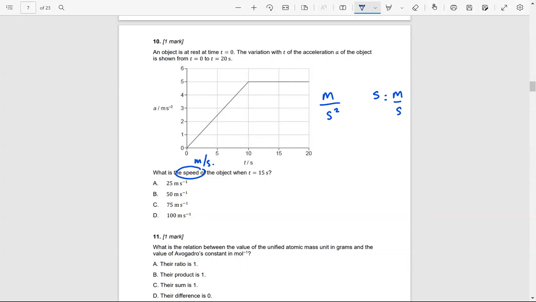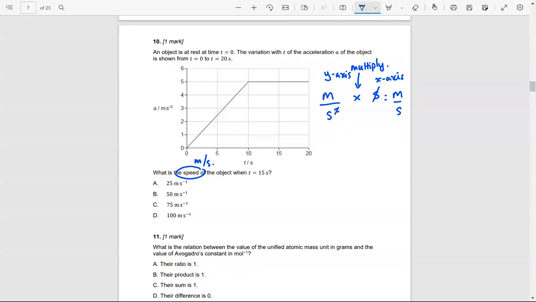If you multiply the two together, we'd have meter seconds divided by seconds squared. These cancel out and you end up with meters per second. So you multiply the y-axis by the x-axis, which is finding the area under the line.